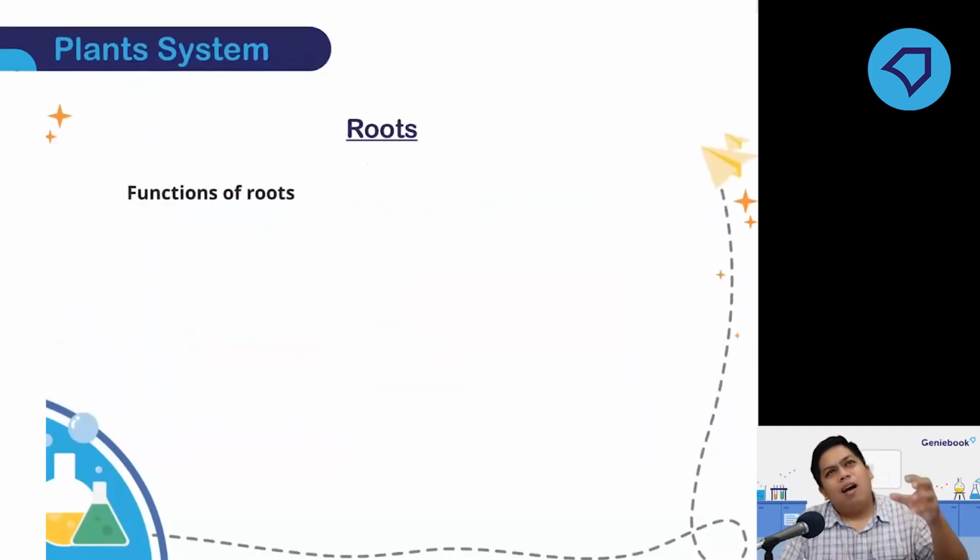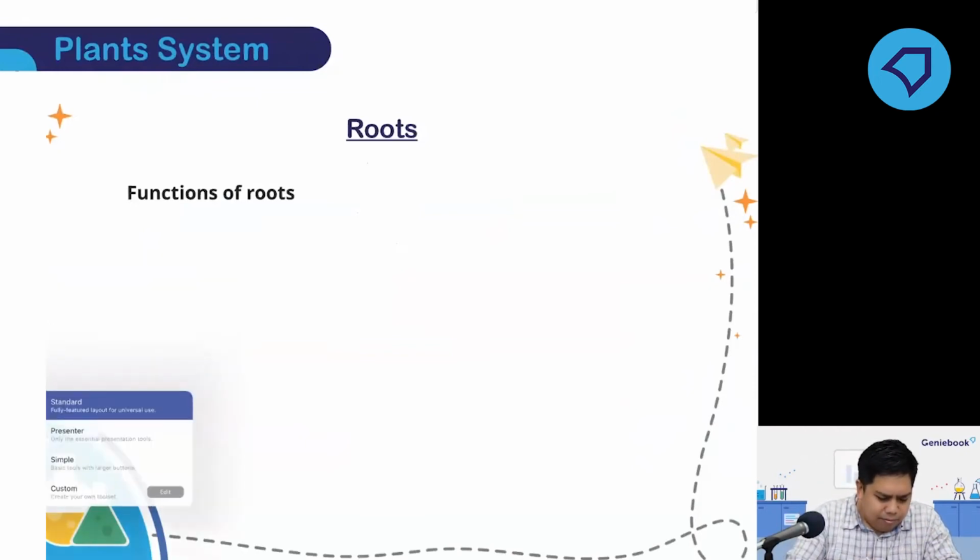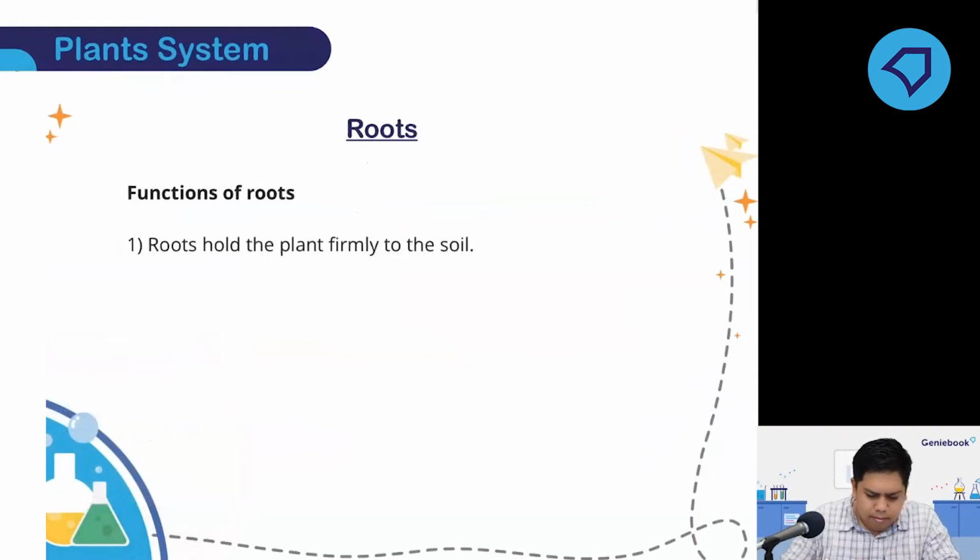All right, so now let's focus on the roots. For today's lesson, we are focusing on the roots first. So what are the functions of the roots? Firstly, it is to hold the plant firmly to the soil. This is very important for you to remember.